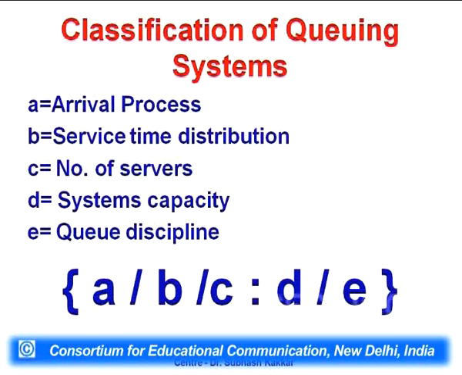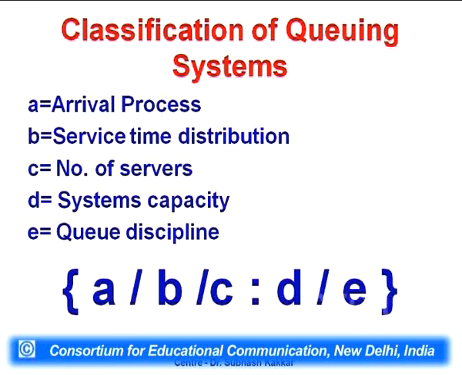Classification of queuing systems. These are classified by 5 parameters and sometimes 6 parameters are also there. A, B, C, D, E, F, and simply we can say that only 5 parameters A, B, C, D and E. A stands for arrival process. What is the process being used by the customers when they arrive at a service center?